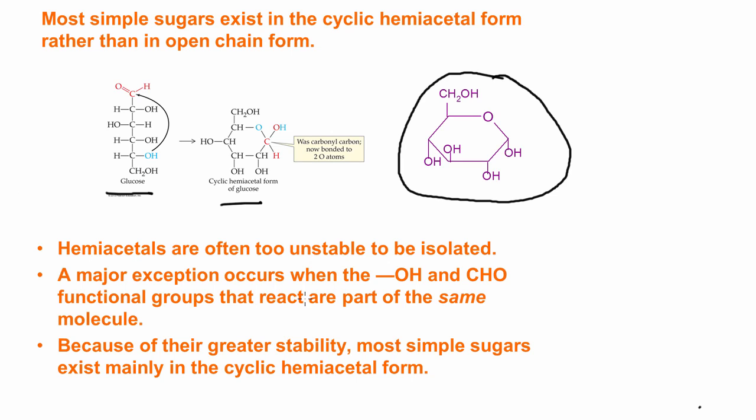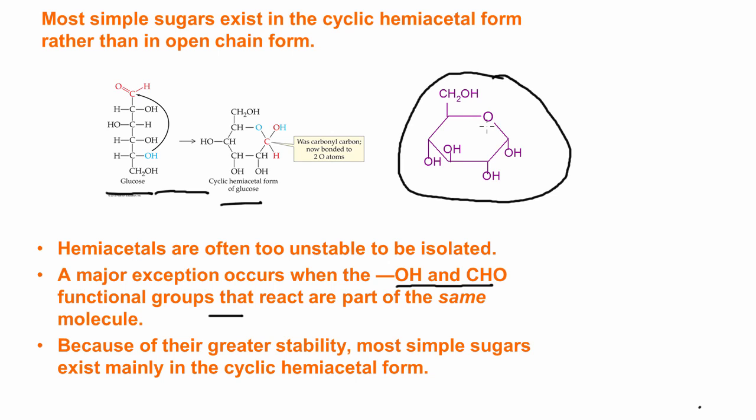The major exception occurs when you have these two functional groups that do react when they're part of the same molecule. We'll take a look at that reaction later when we get into carbohydrate chemistry, but it's because of the cyclic hemiacetal form being more stable that simple sugars like glucose exist in this cyclic hemiacetal form.